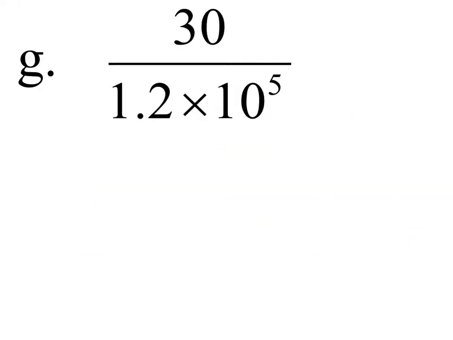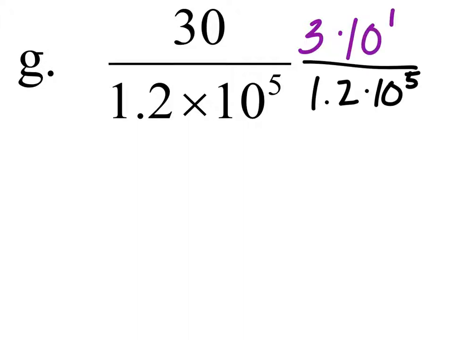Now there's a couple ways we could do G. We could change the 30 into scientific notation, or we could change the scientific notation, 1.2 times 10 to the 5th, into standard notation. Let's do that. But since we're working with scientific notation, I'm going to change 30 into scientific notation. It's 3 times 10 to the 1st.